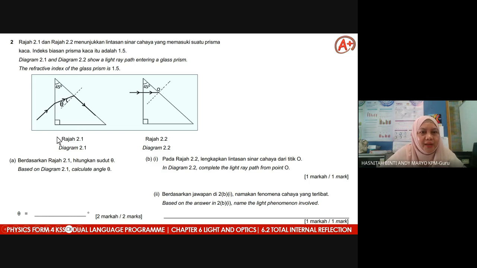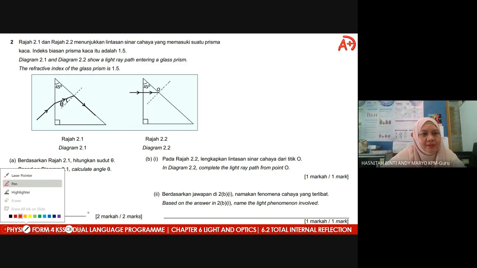How do we find angle theta? Theta is here in diagram 2.1. Any idea how to find angle theta? What can we do here?